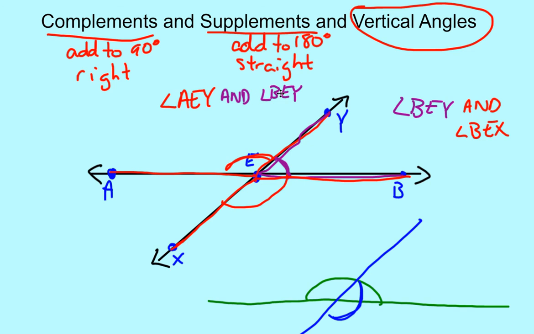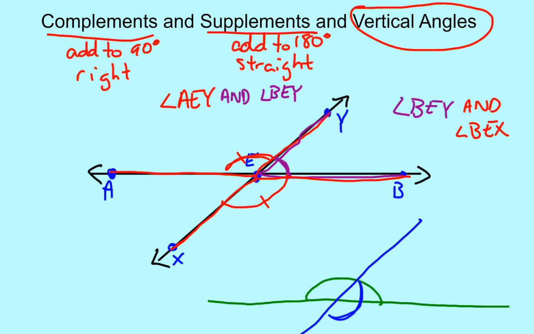If BEY doesn't change because it hasn't gone anywhere, it's just a number, what has to be true about this angle and this conveniently also colored red angle? I don't know what I called it, but it's an angle. So how are these related? And if you said, well, they have to be exactly the same, you would be correct.